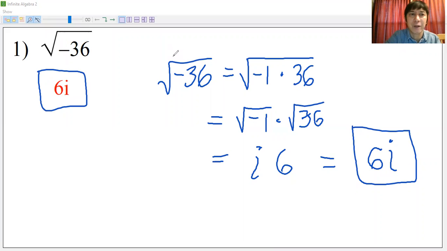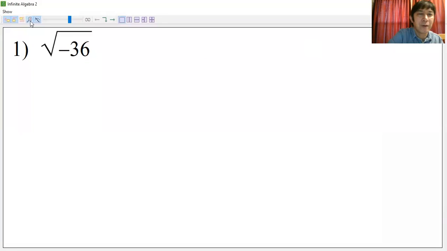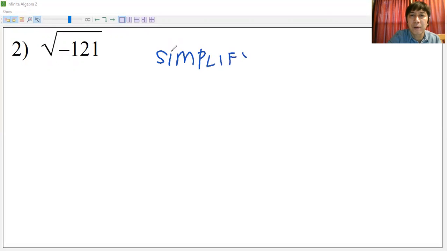Let's have the second number. Okay, let's have the second. This is just simplification. Okay, we have here a square root of negative 121. So our requirement here is just simplify the square root of negative 121.